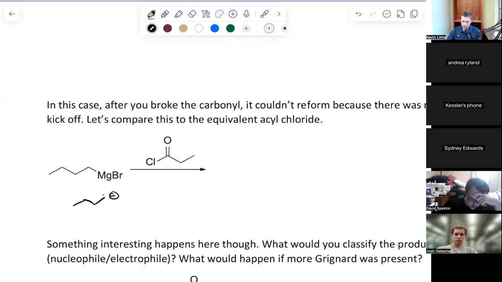So just like before, I'm going to put the negative charge on the carbon.